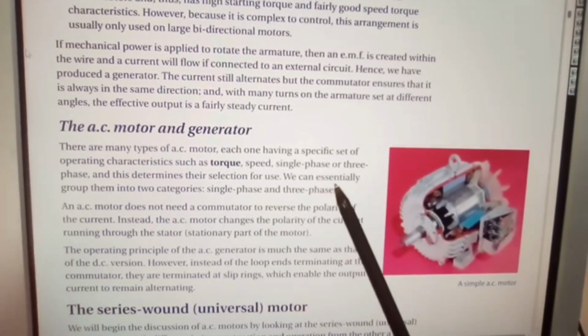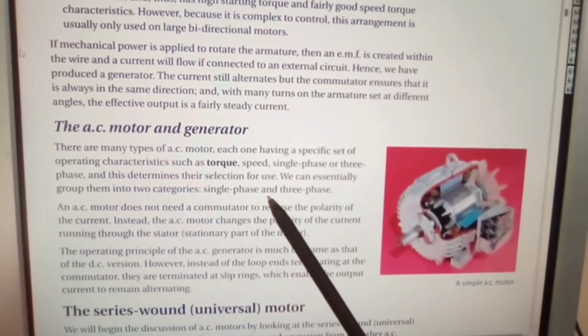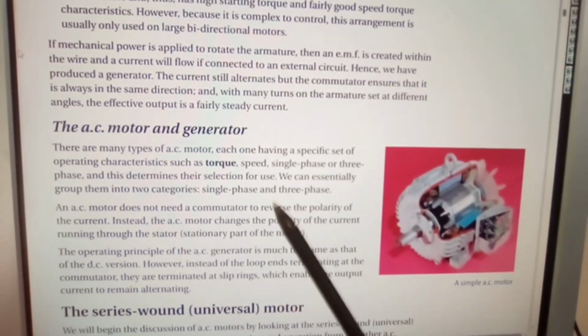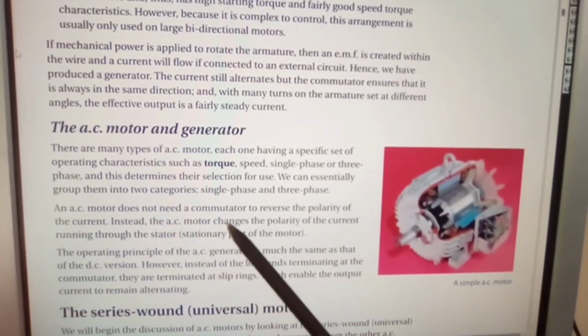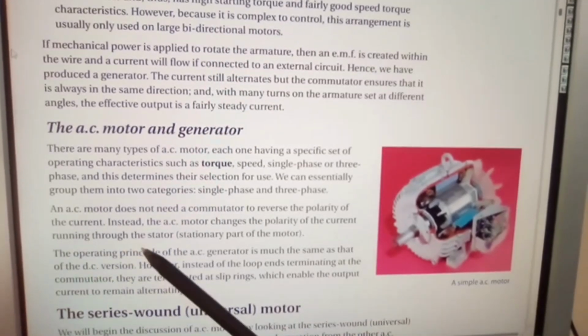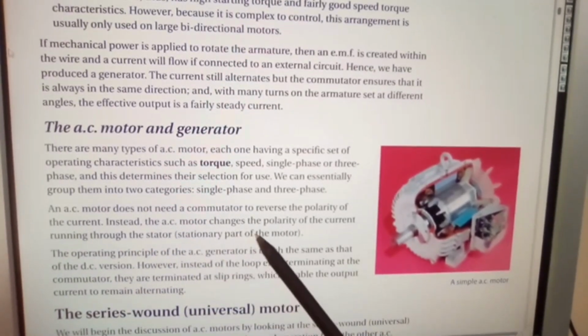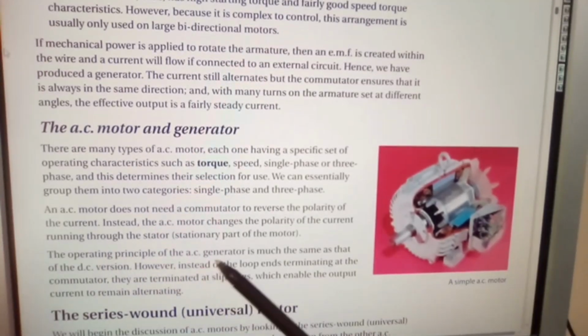We can essentially group them into two categories, single phase and three phase motors. An AC motor does not need a commutator to reverse the polarity of the current. Instead, the AC motor changes the polarity of the current running through the stationary part of the motor.